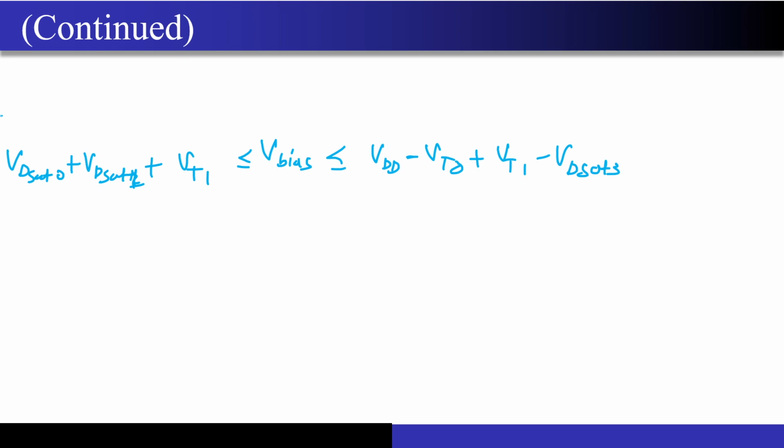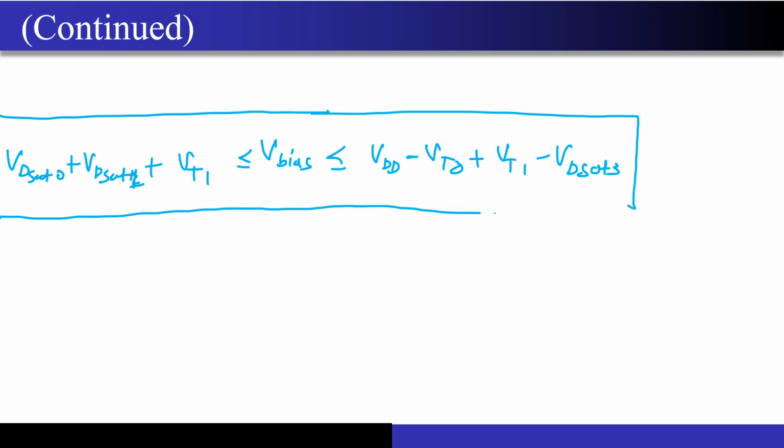This is the range that I got for the input, and it is my duty to ensure that my input signal does not exceed this range. This is what we call the input common mode range, ICMR.